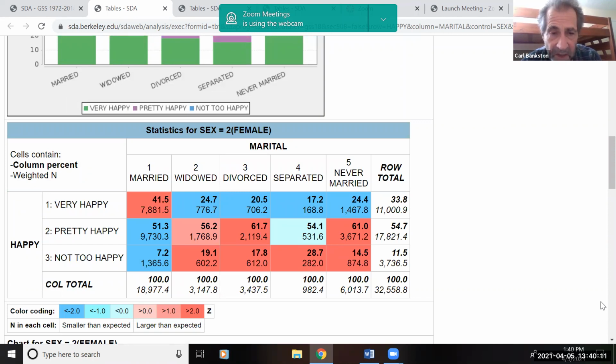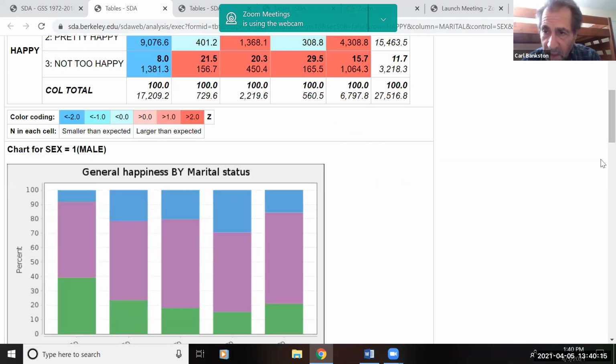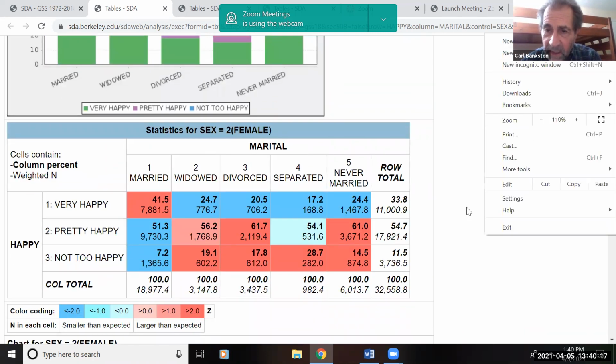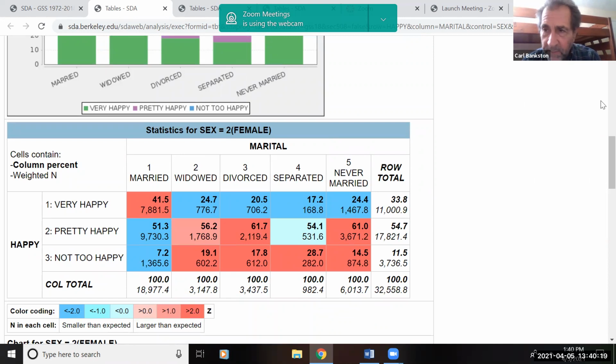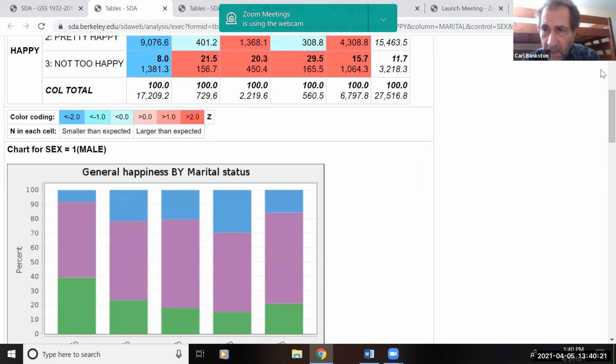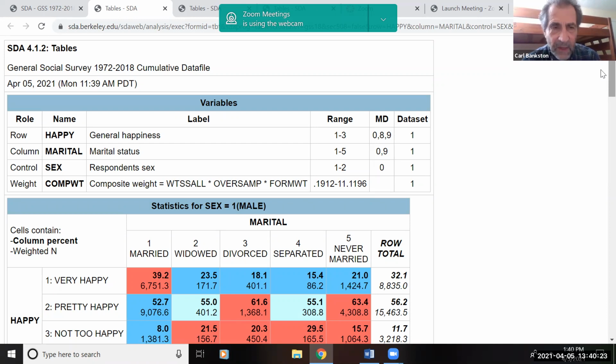That's a slight difference, but I think not enough to make much out of. So it looks like it isn't the case that married men tended to be a lot more happy and that accounted for the relationship, or that married women tended to be a lot more happy and that accounted for the relationship.